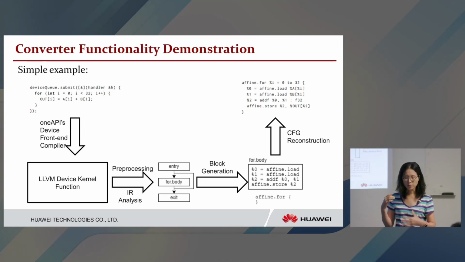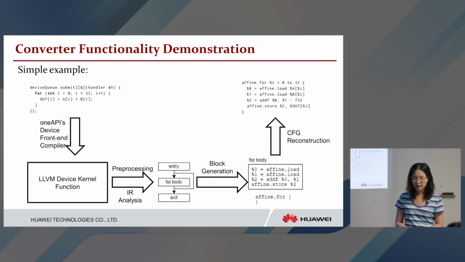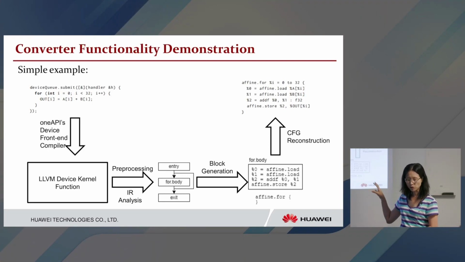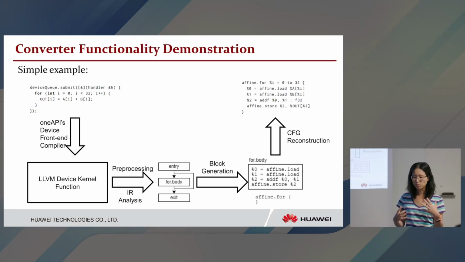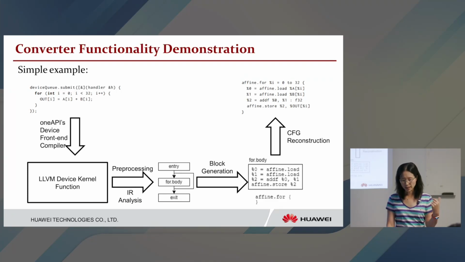We pre-process it, precondition the IR, and perform IR analysis to get the control flow as well as the basic blocks, and we generate the block operations separately from the control flow ops. At the last stage, we do the CFG reconstruction to link them together. So that's pretty much the converter.